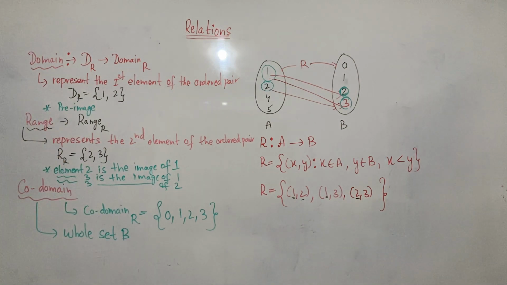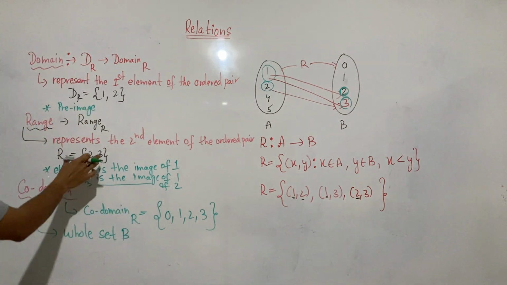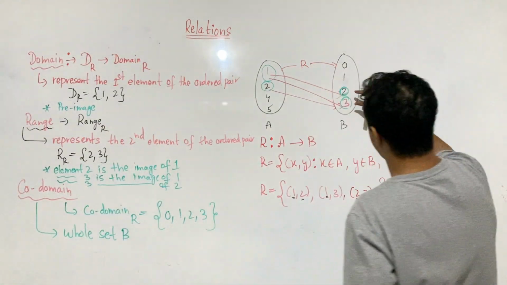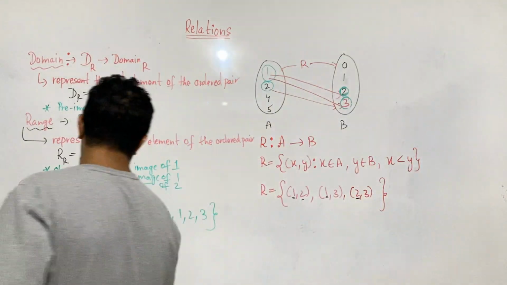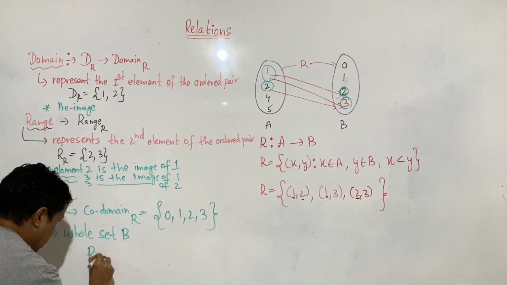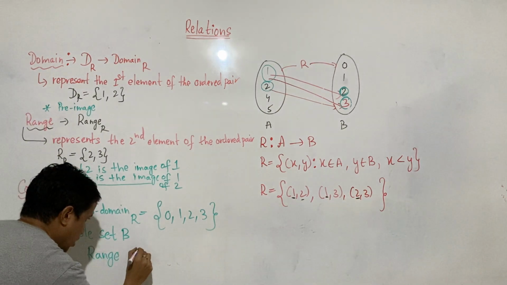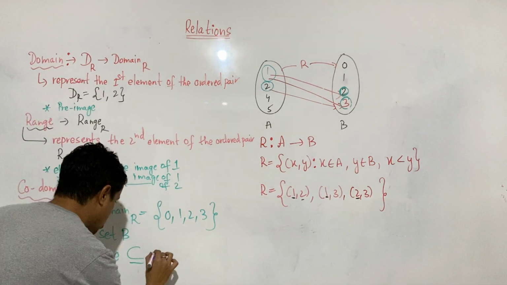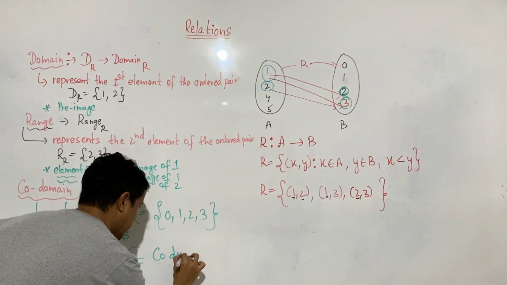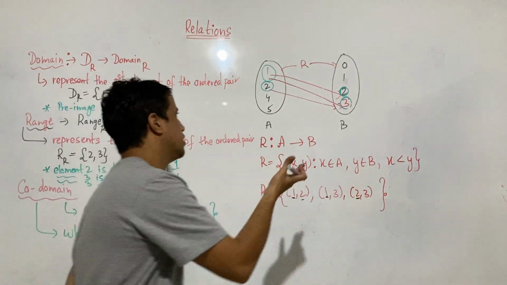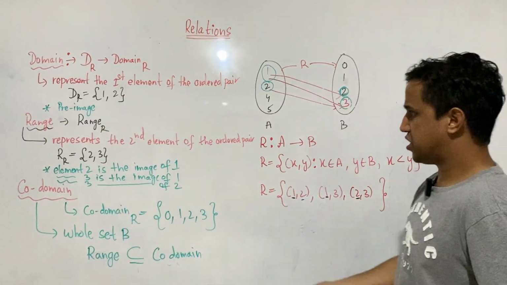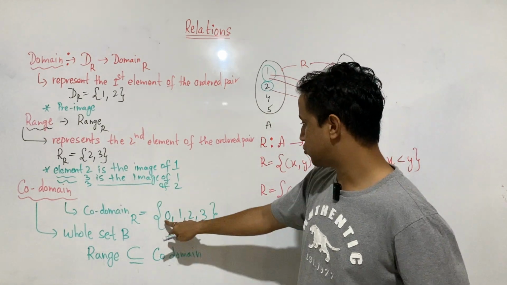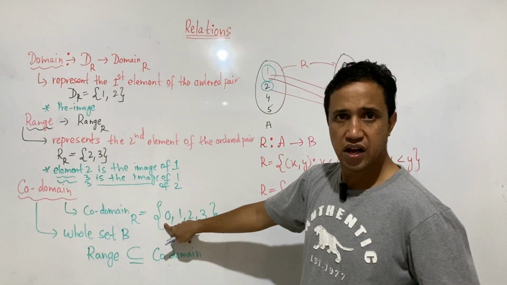Now see here, if you look at the range, I can say that the range is a subset of your codomain, or it can be the same as your codomain. Why? Because what is the range? 2, 3. So the range is a subset of this set.